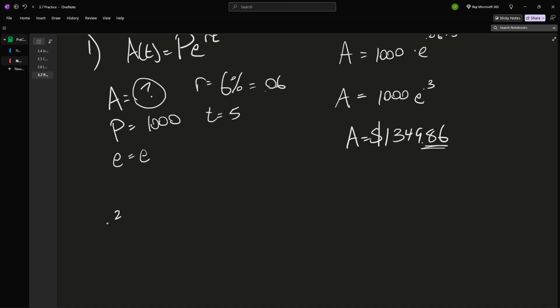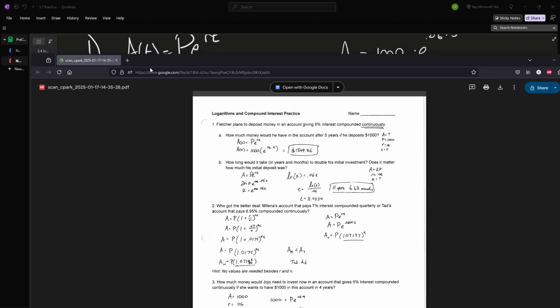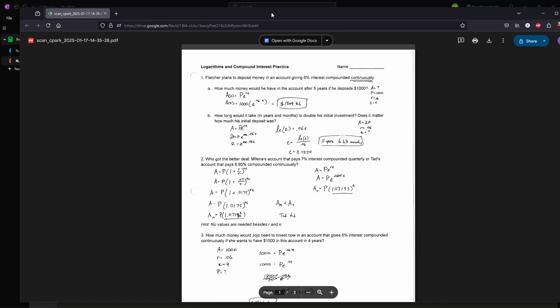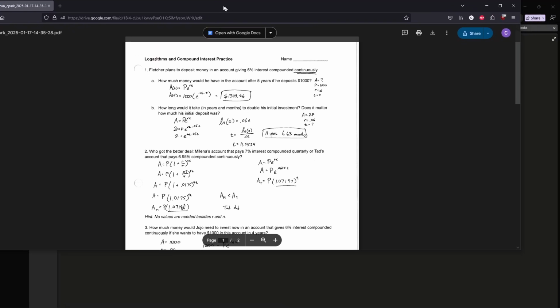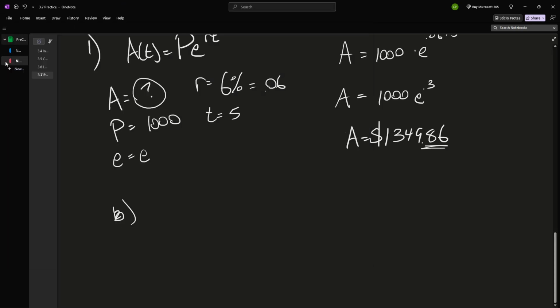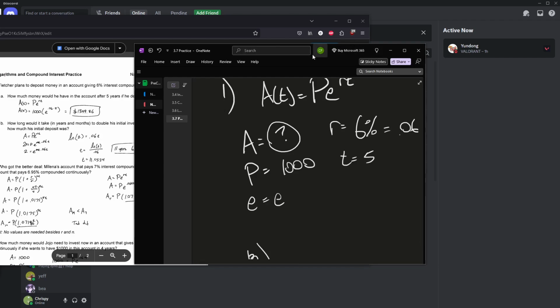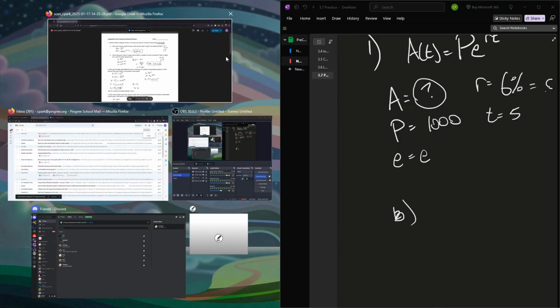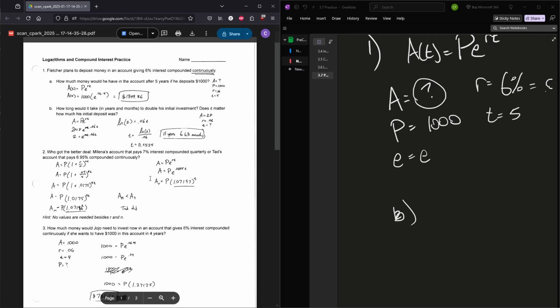And the very last question is part B of this. We want to see how long would it take, in years and months, to double his initial investment. So how long would it take to double his initial investment?